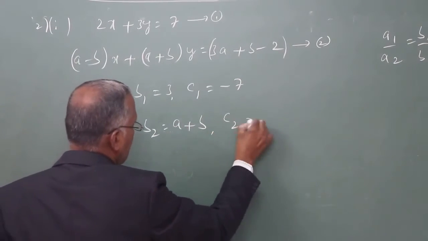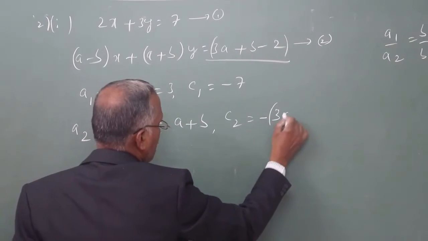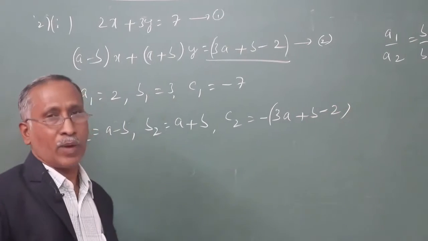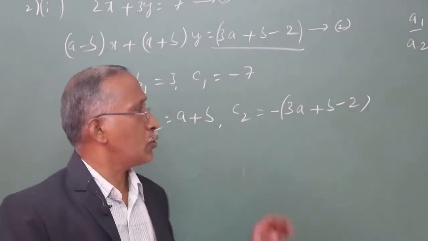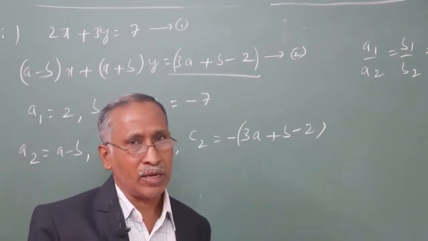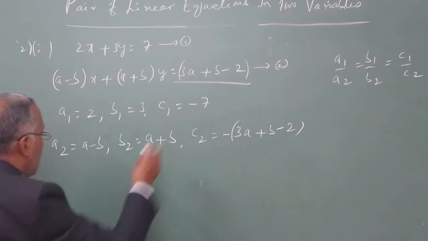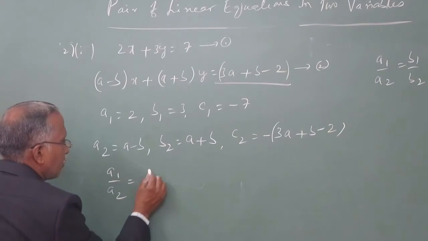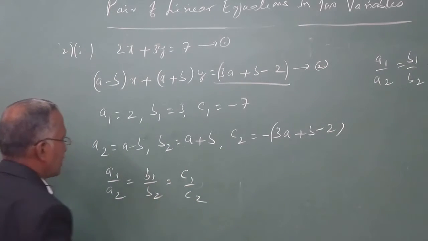Similarly c2, if I transpose this whole term, becomes minus of 3a plus b minus 2. Now by comparing, we have obtained a1, b1, c1, a2, b2, c2. As they have given, this pair of linear equations has infinite solutions. When they have infinite solutions, you know very well that a1 by a2 is equal to b1 by b2 is equal to c1 by c2.